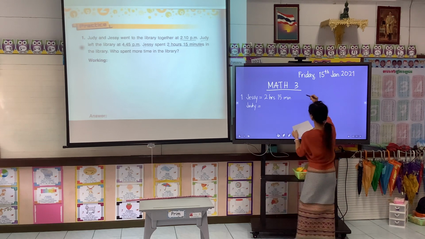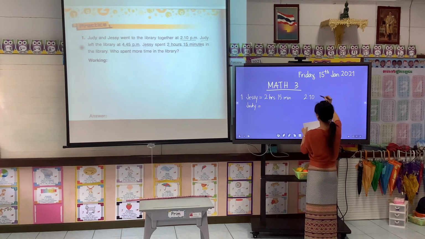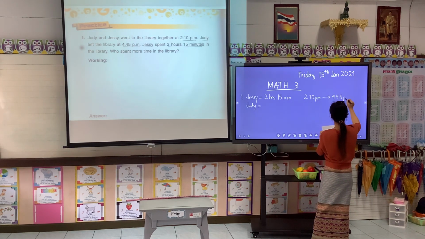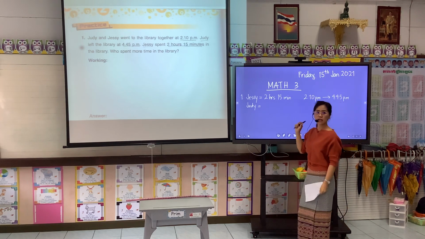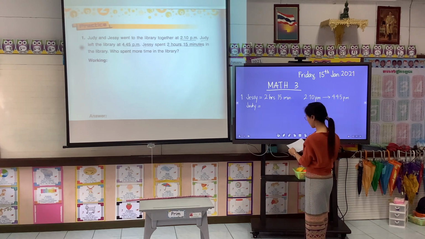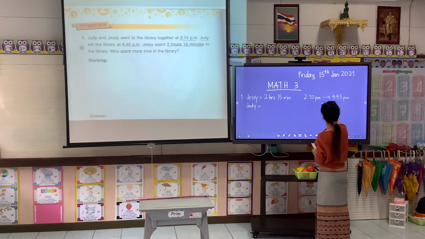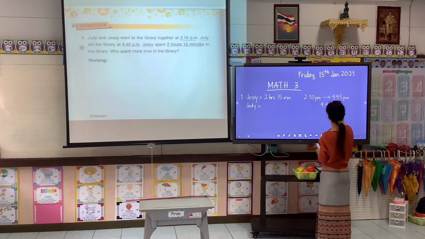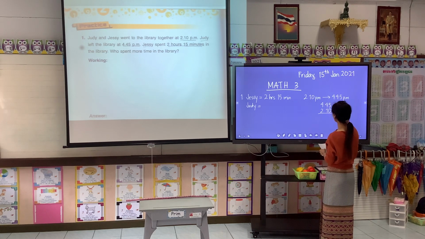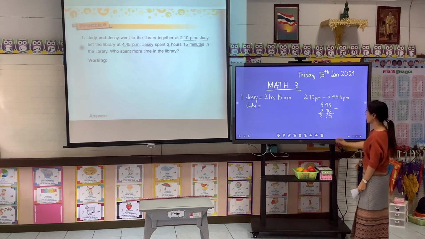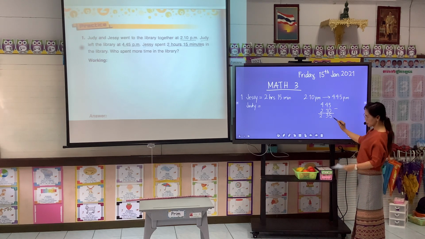So that is 2:10 p.m. to 4:45 p.m. We are using the 12-hour system this time. Now let's subtract this. 4:45 minus 2:10. What is the difference? The difference, 2 hours and 35 minutes.